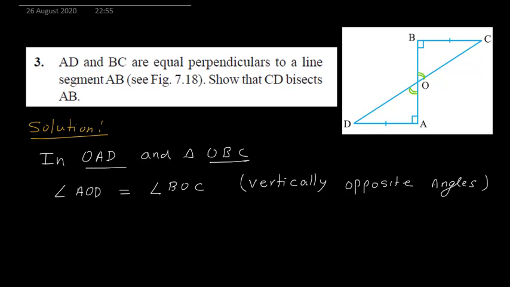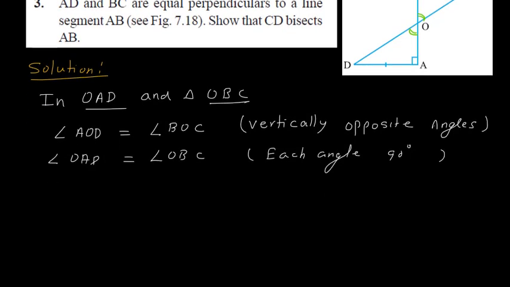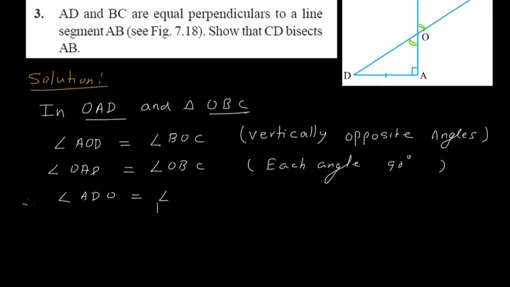So I have angle AOD equal to angle BOC, and angle OAD equal to angle OBC, each angle 90 degrees. Therefore angle ADO is going to be equal to angle BCO.